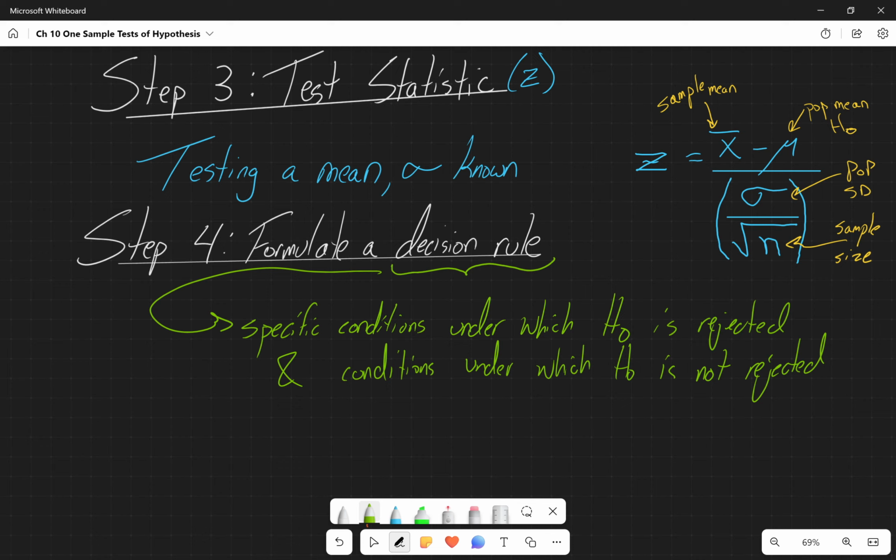And we have a region or area of rejection that defines the location of all the values that are either so small or so large that the probability of them occurring under the null hypothesis is remote.